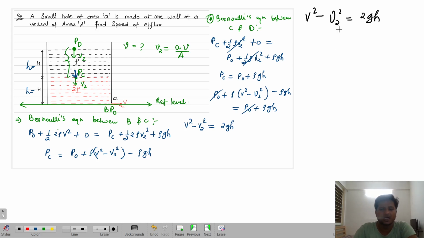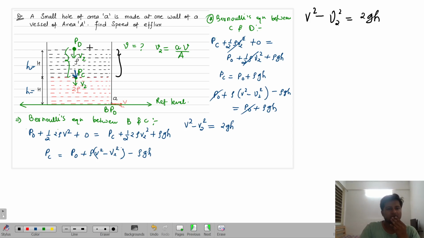Yes, V square. Now tell me one thing, try to understand what V2 is. Can you relate V2 to AB by A? But apart from AB, look over there. From here to here, V2 is constant or not?